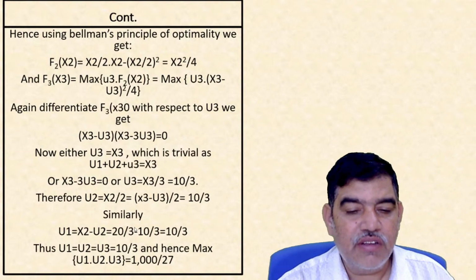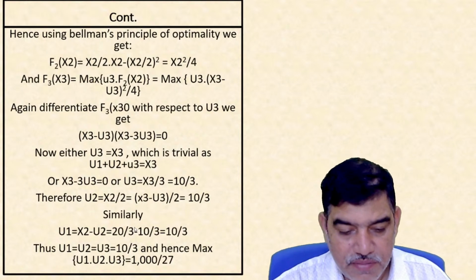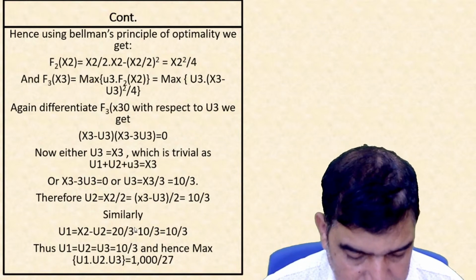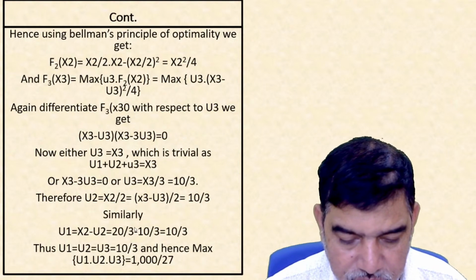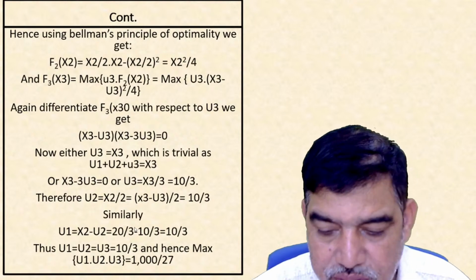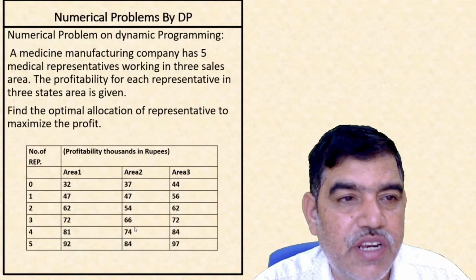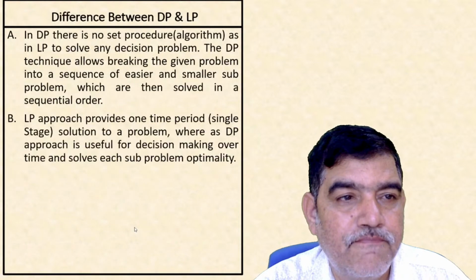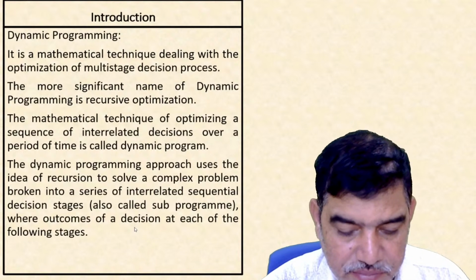So this is actually another problem we can solve by using Bellman's principle of optimality. Again, I will summarize from the beginning. So in today's class, we first learned dynamic programming.